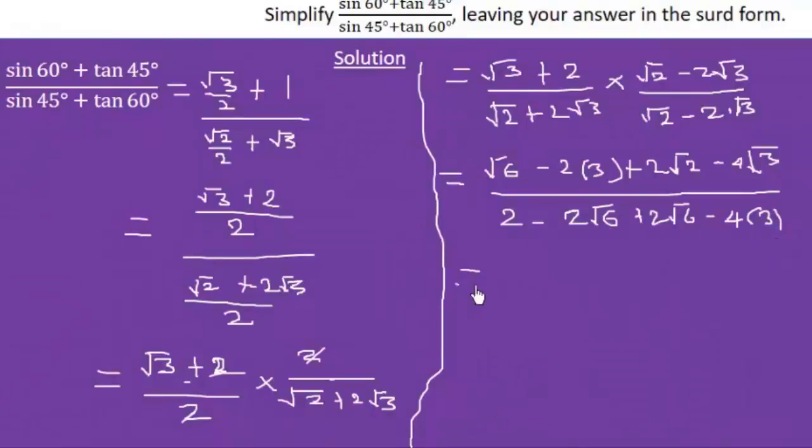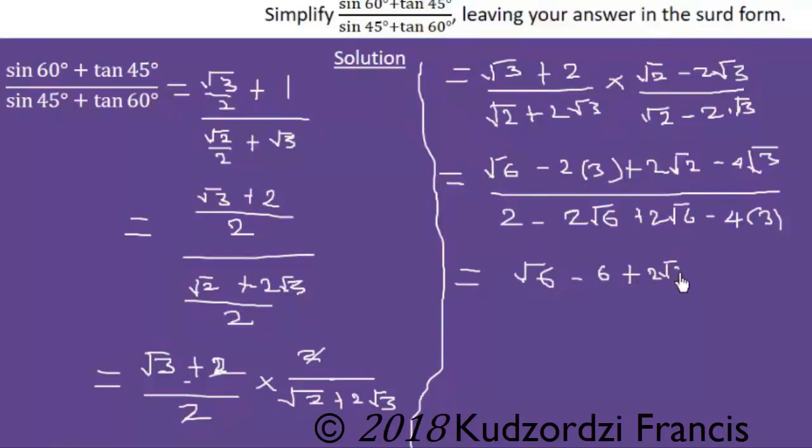So we simplify this to obtain root 6, then minus 6, then plus 2 root 2, minus 4 root 3.